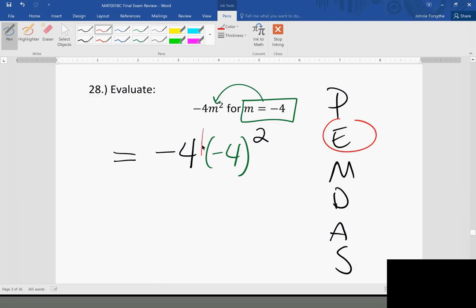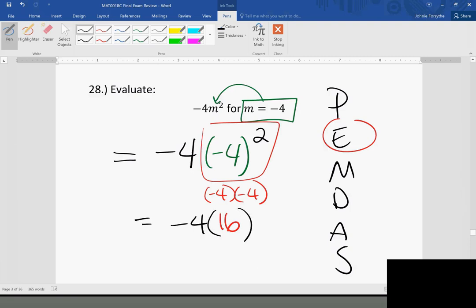So I have negative 4 squared. That is the same thing as negative 4 times negative 4, which is positive 16. So I have negative 4 times 16. And then now, negative 4 times 16, I'm multiplying different signs.